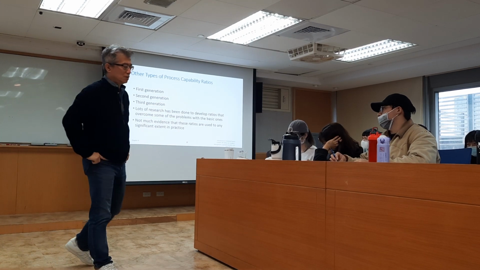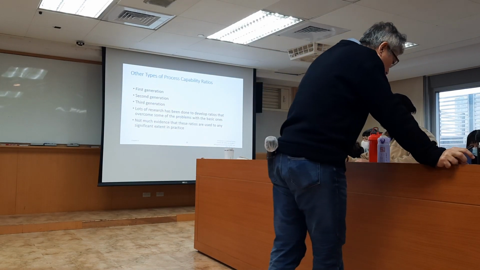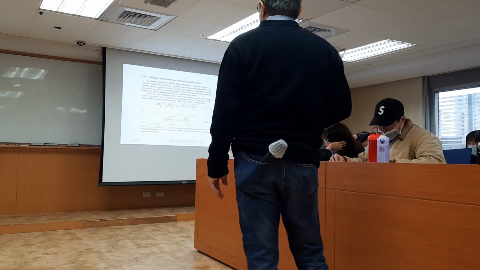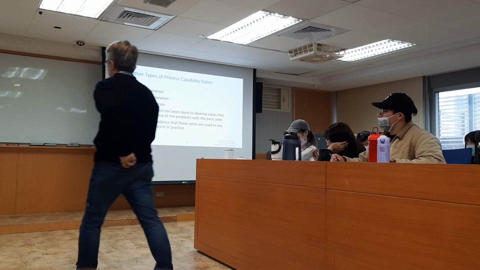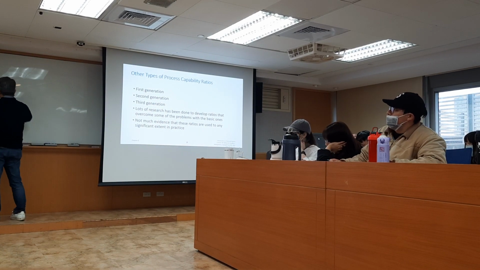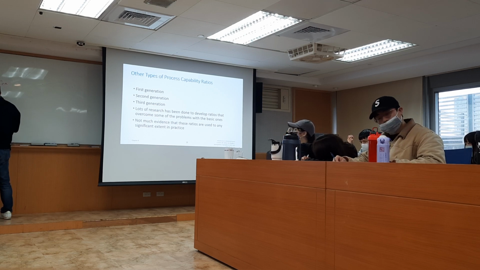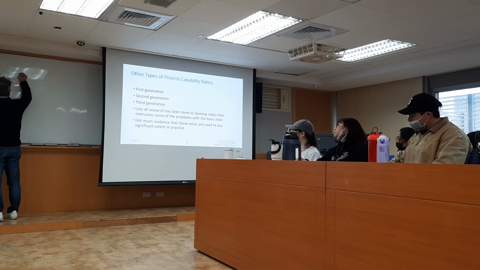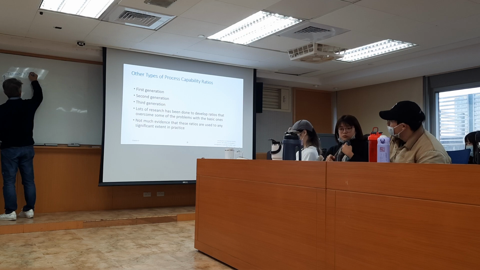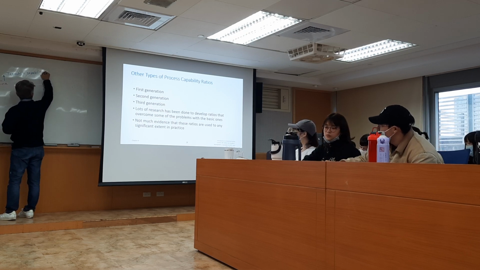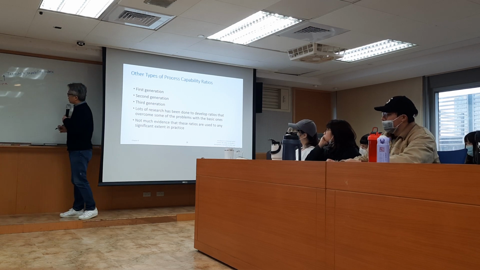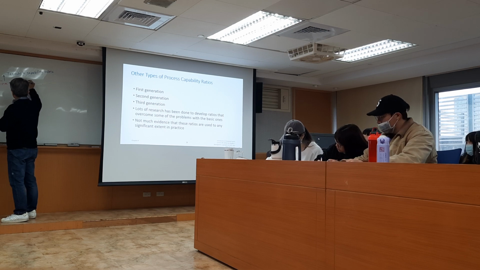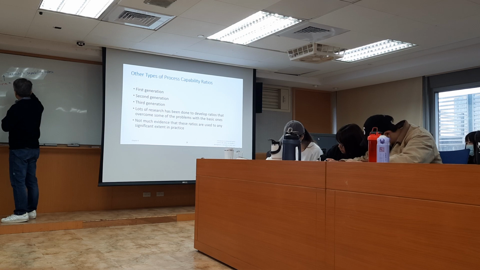It's known as the Takeuchi's capability index, defined as the upper specification limit minus the lower specification limit, divided by 6 tau.